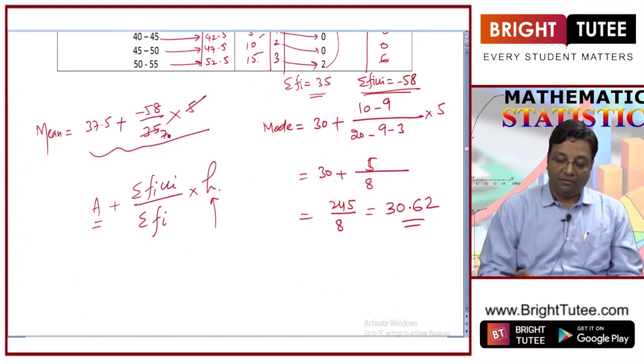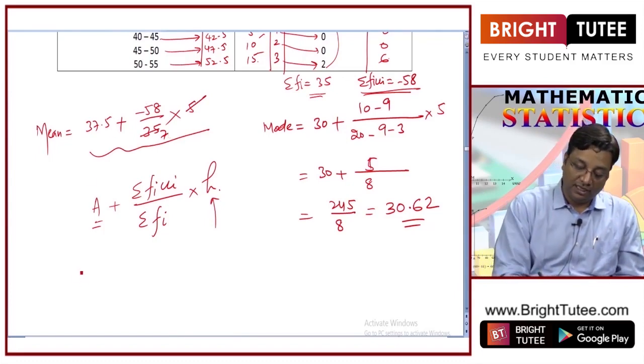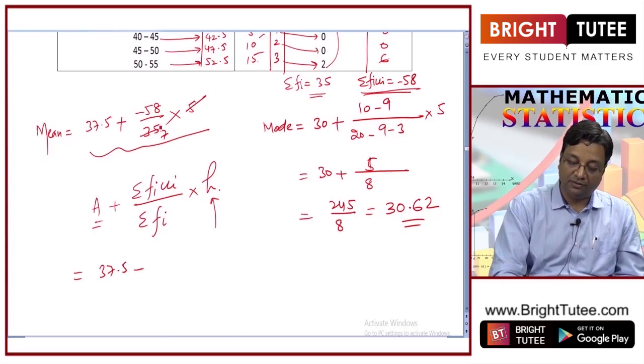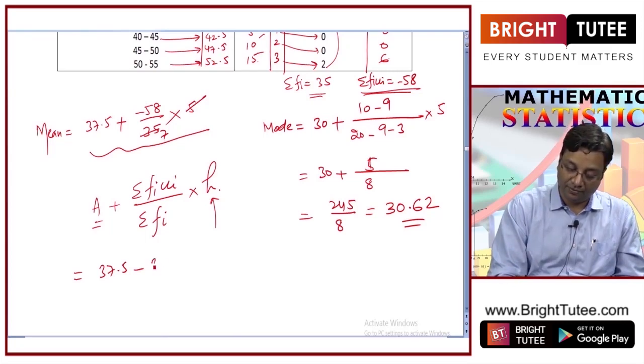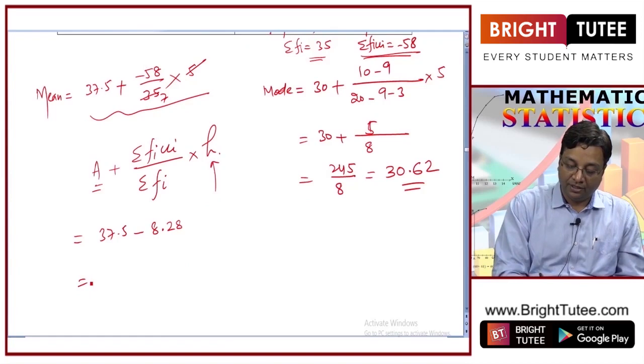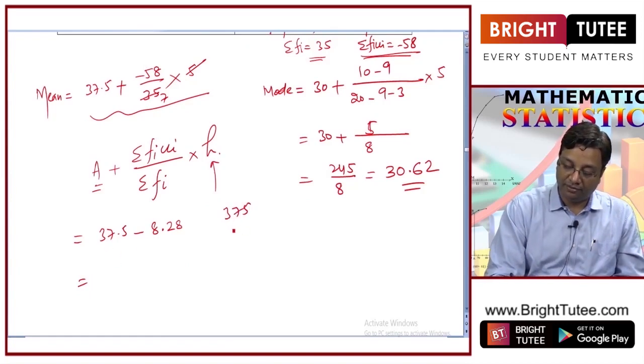So, I want you to calculate it yourself. I will give you the approximate idea. So, this is 37.5 minus 58 by 7. So, it is 8.28 something, right, which will further be written as 37.5 minus 8.28.